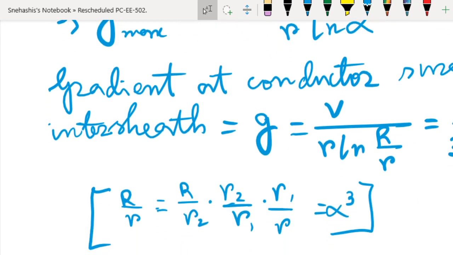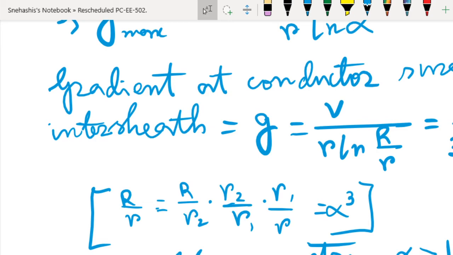And from cable geometry, alpha is always greater than 1, that is evident. So the gradient with intersheath is lower than without intersheath. Okay, why?